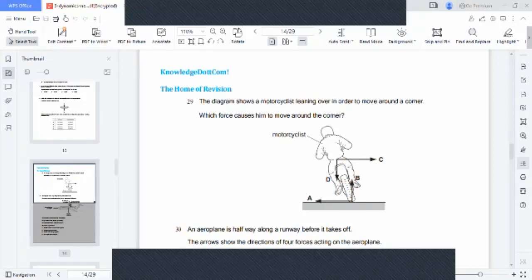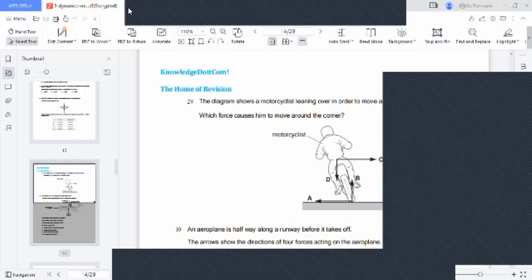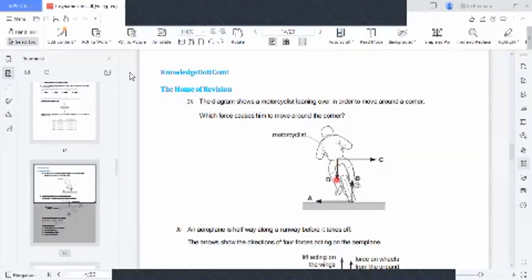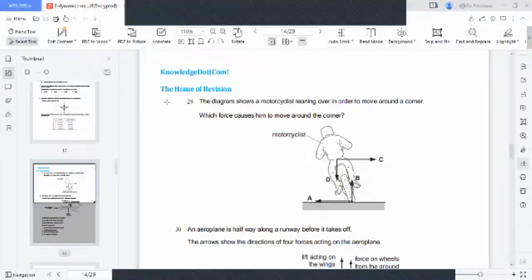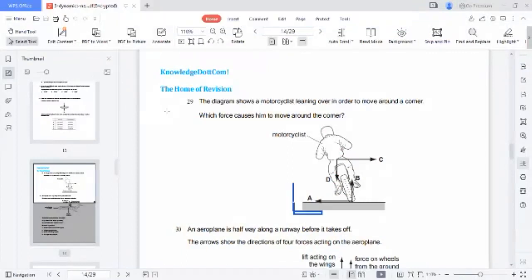I don't know the name of that particular force. It might be the center of gravity, but the type of force I don't know. It's a normal force, and this force is responsible for the centripetal force. With the help of this force, which is A, the motorcycle will lean over and tilt in this direction.